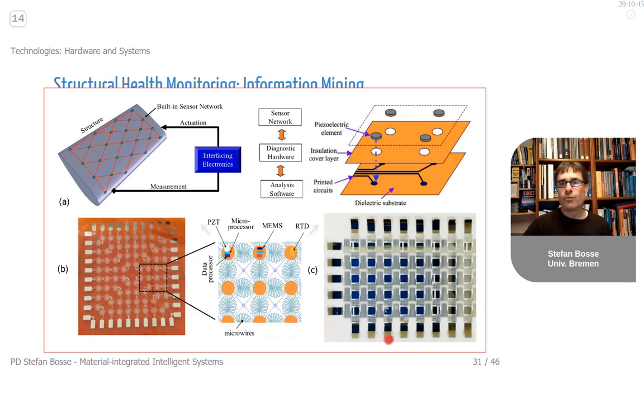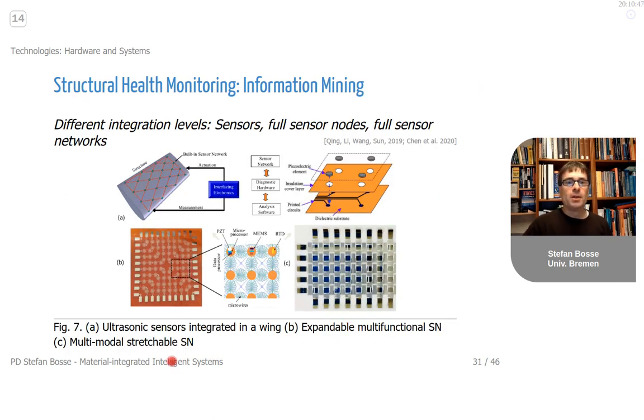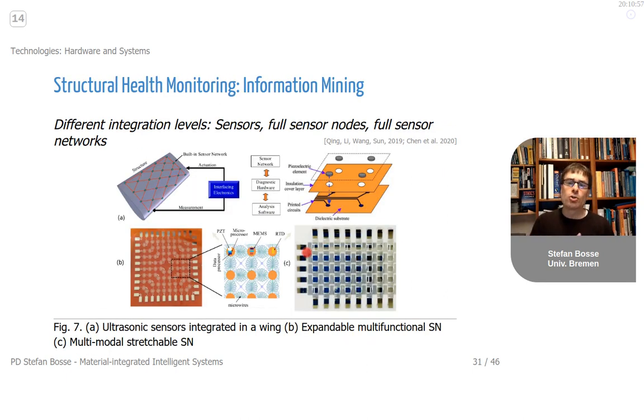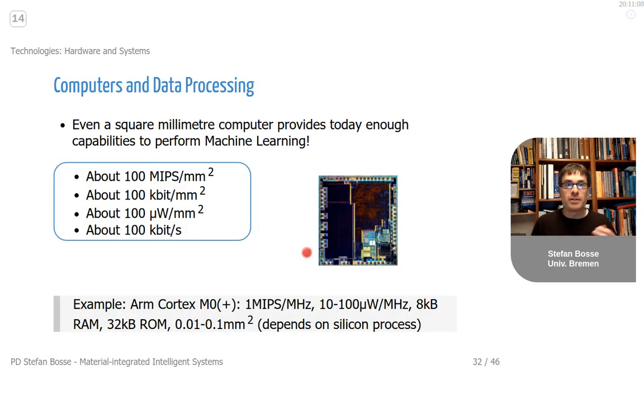And finally, a stretchable multimodal sensor network on a foil. These sensor-on-foil technologies are already available. So this is the technological ground, and this is enough to talk about self-organizing systems.